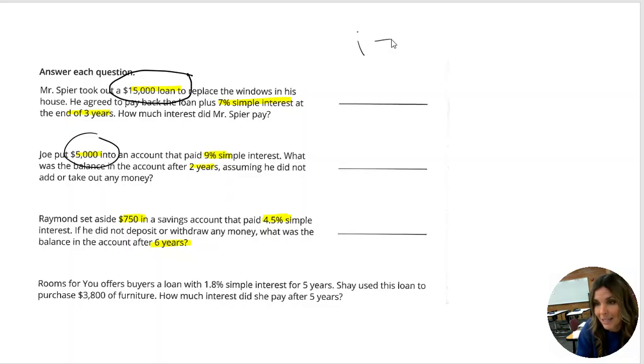So here's our formula. Interest equals principal times rate times time. We know that 750 is our principal. Our rate is 4.5. So be careful here.